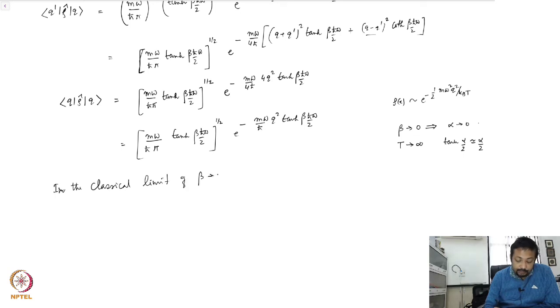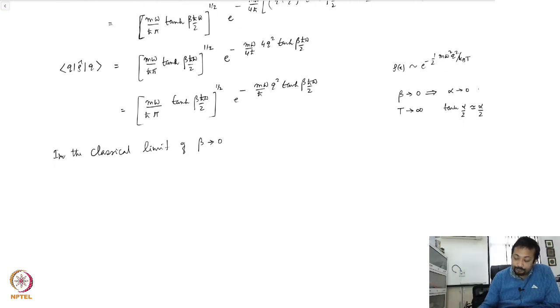of beta going to 0, this becomes m omega over h bar times pi, and then I have beta h bar omega over 2 raised to the power half e to the power minus m omega over h bar q square beta h bar omega by 2.